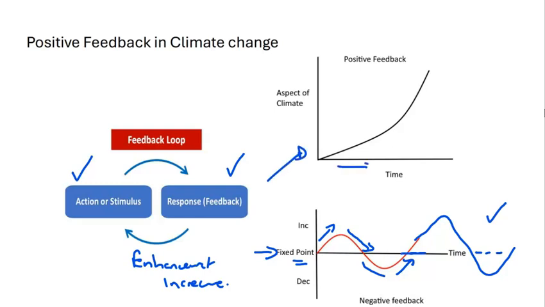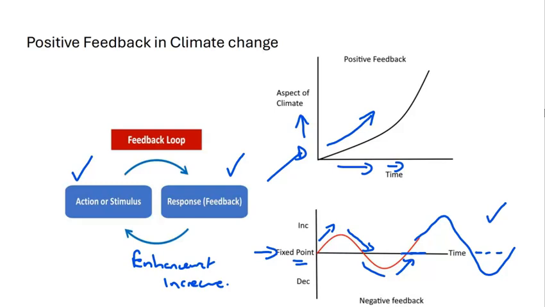So over time, as the action or the stimulus returns through the system, the response is to actually bring about an increase. And so you can see that this upward pointing curve shows an increase in an aspect of the climate over time as a consequence. So the factor is feeding back and enhancing and increasing that influence.